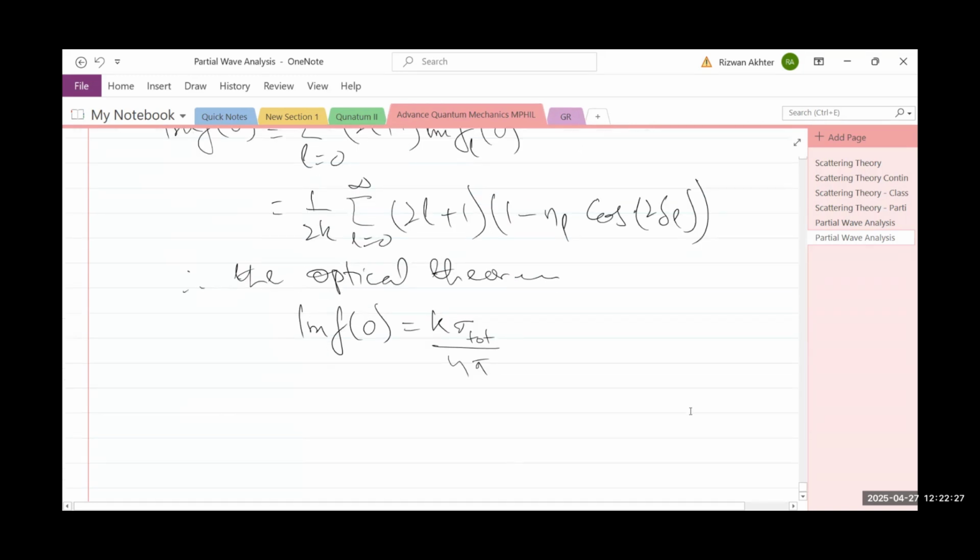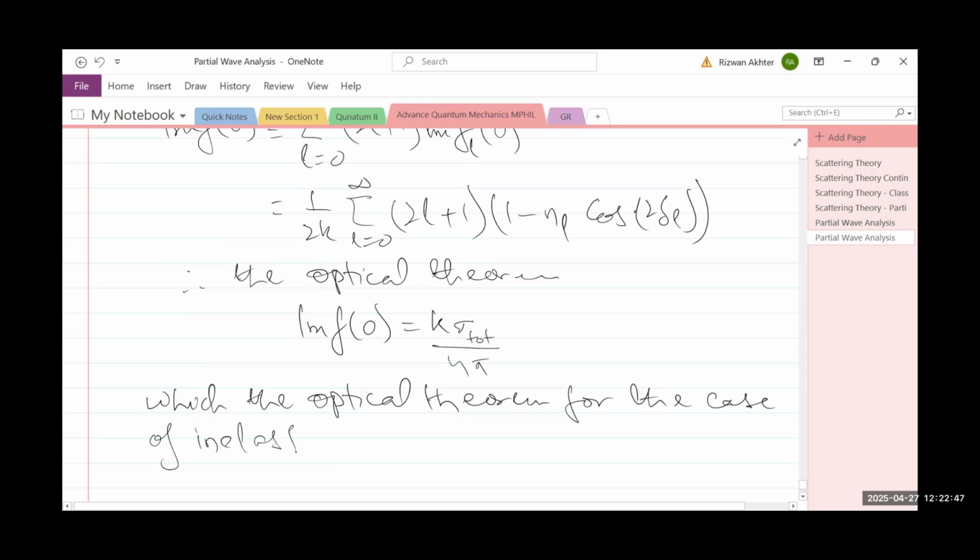This is the optical theorem for the case of inelastic scattering. Again, as you can see, it is proportional to the scattering cross section, here the total scattering cross section. So this is, in fact, your partial wave analysis of scattering phenomena.